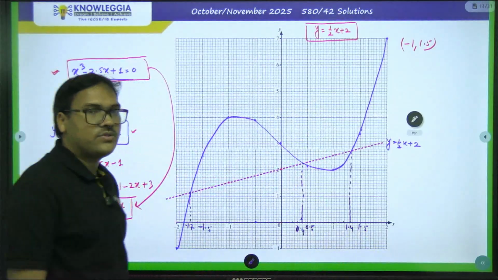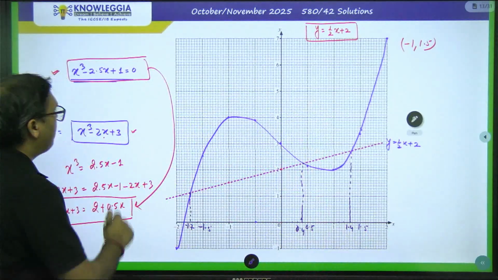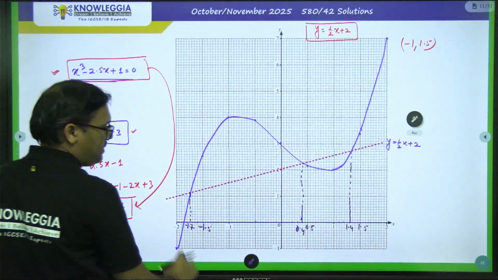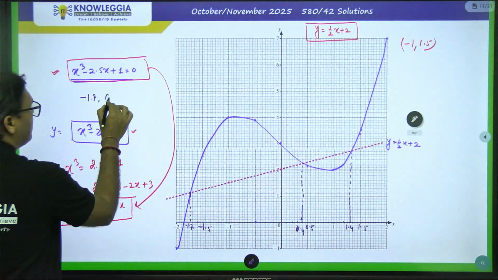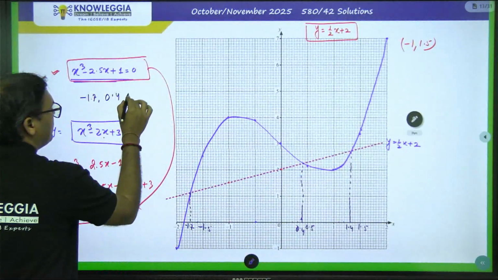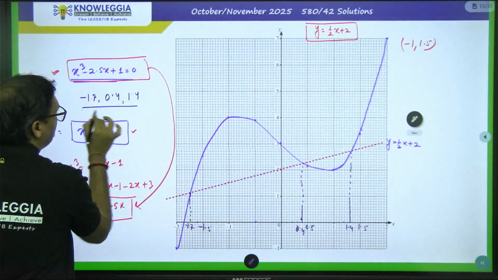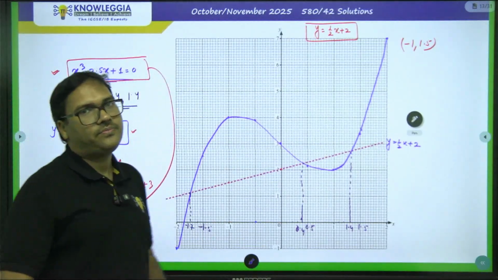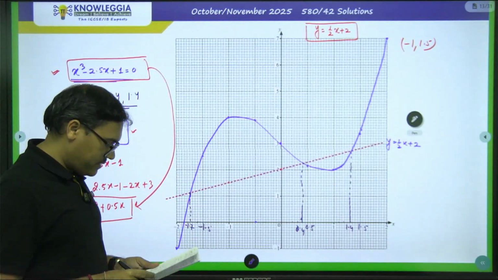So what are the solutions? You can see at x equal to minus 1.7 they are intersecting. You can see at 0.4 they are intersecting, and at 1.4 they are intersecting. So these are the solutions of this equation. I hope this is clear to you, right? So let's check the answer.